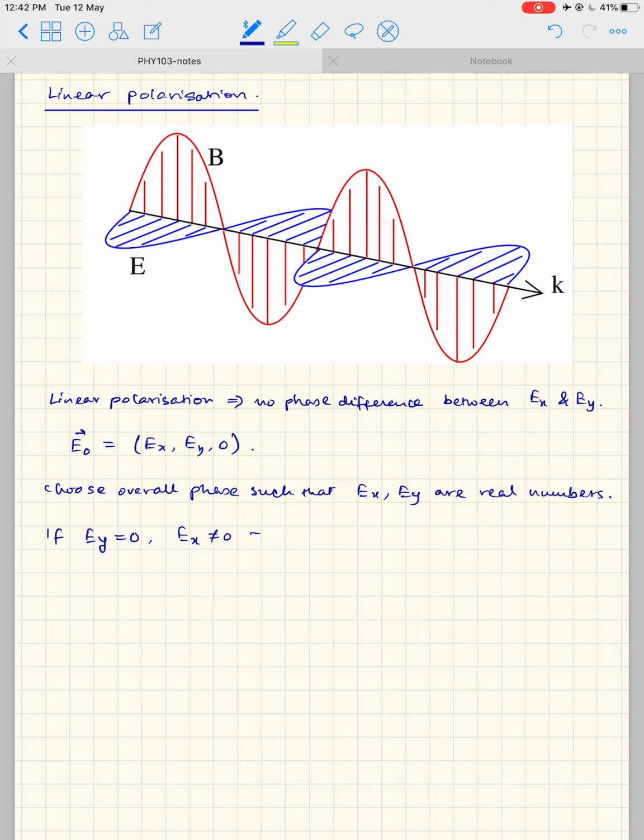Then we have E as E naught x cap e to the i(kz minus omega t), where E naught is equal to the modulus of the vector E naught. This is just a number.